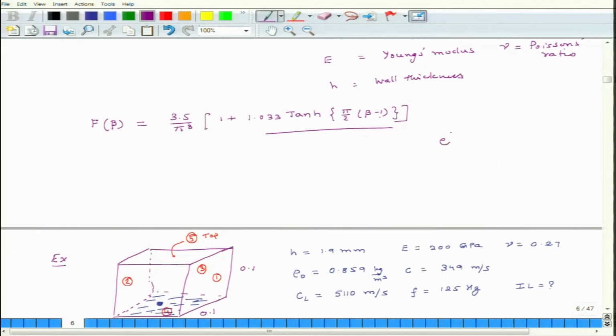E to the power of... This is there, right? So, if this entire x is 0, the numerator is 0. So, this entire term goes to 0. Okay. So, we are left with just 3.5 divided by pi to the power of 8.